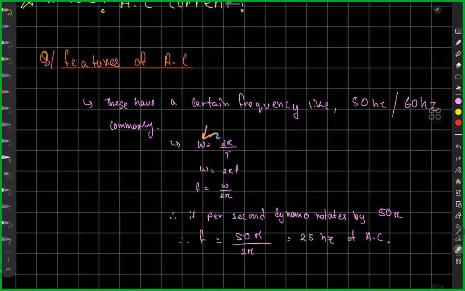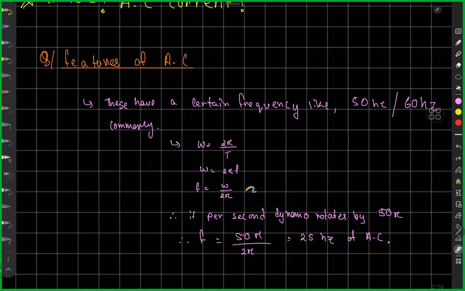Omega is what? 2 pi by t. Okay? Omega is what? 2 pi by t. That is rate of change of theta, if you have forgotten. So, I can also take 1 by t and say this is frequency, and that is right. And I say omega is ultimately 2 pi f. I can also make frequency the subject, which is my entire point, and I get omega by 2 pi.